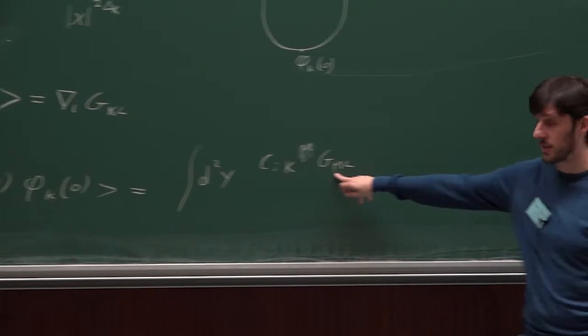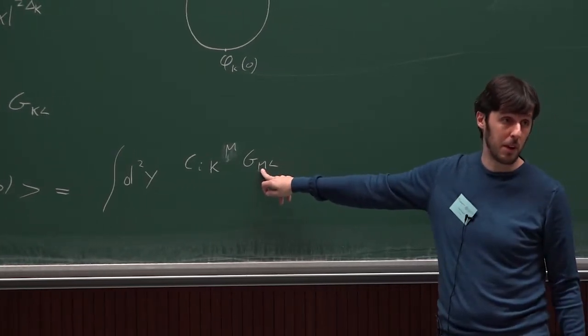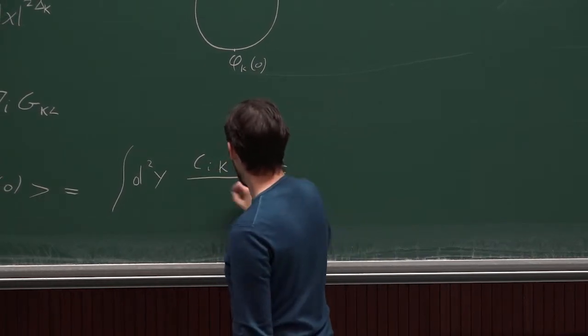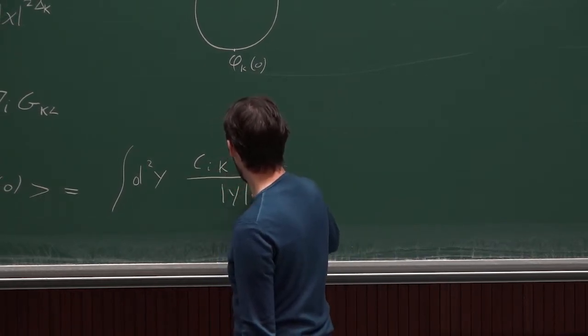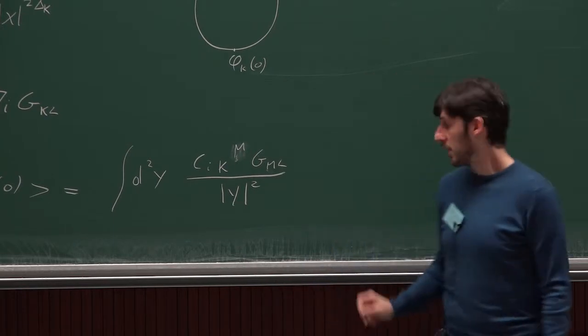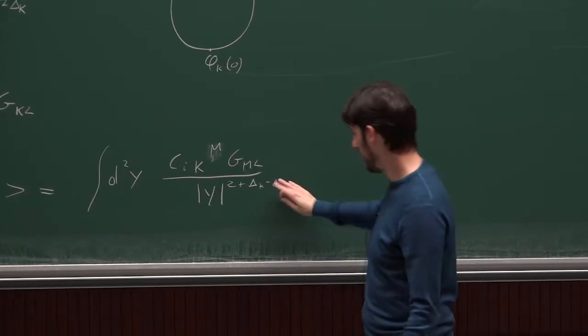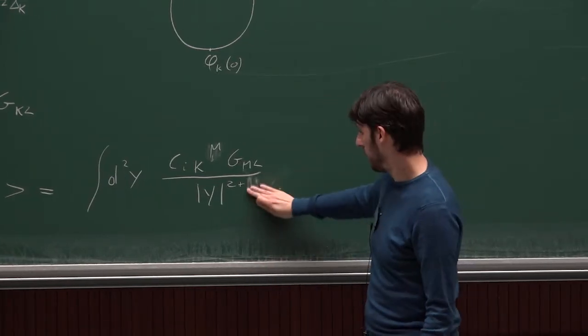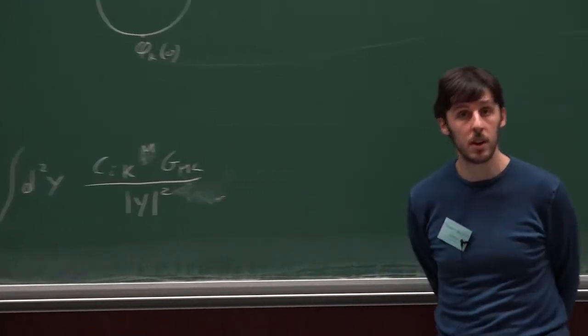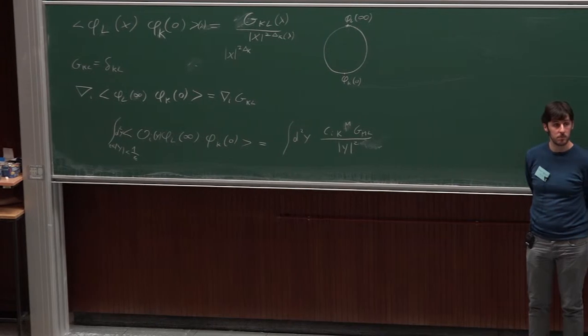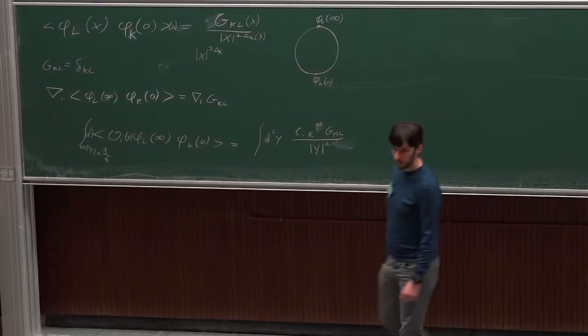That's why I have this two-point function, because I'm allowing for an arbitrary normalization. And then the only y dependence is y to the 2 plus delta_k minus delta_L in principle, but these two are equal, so it's only 2. You agree?